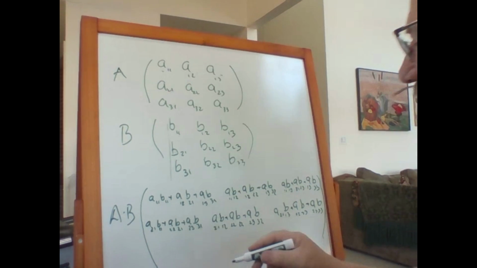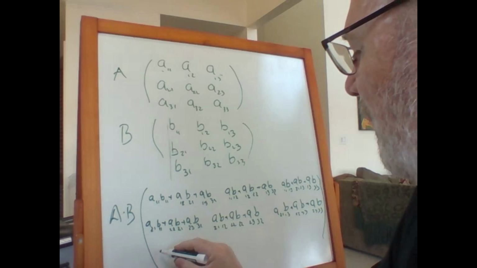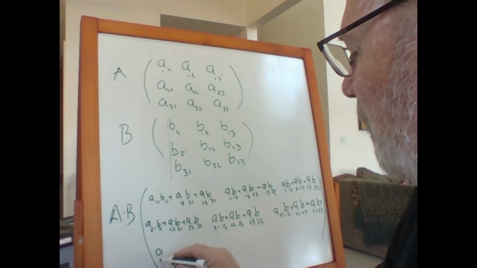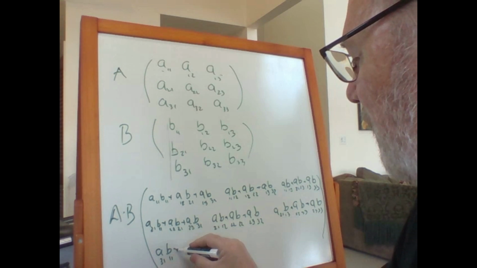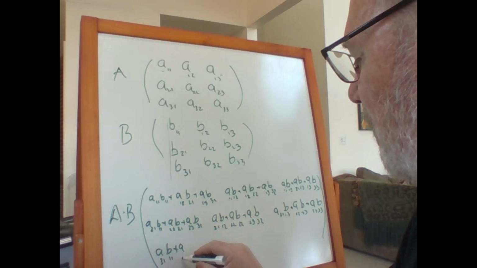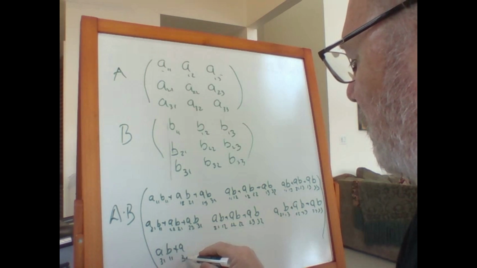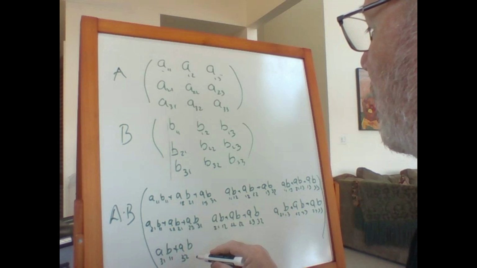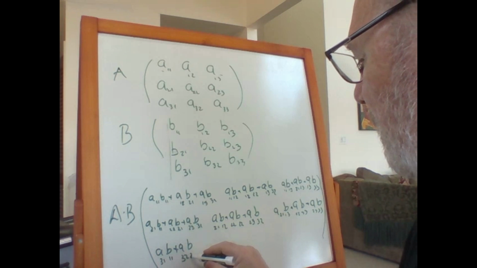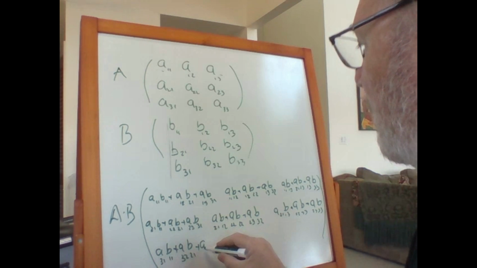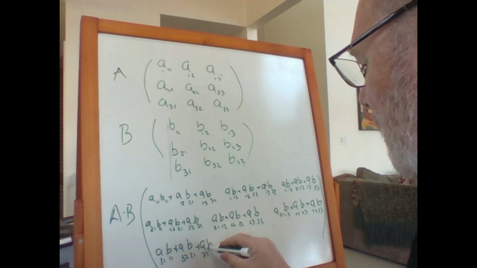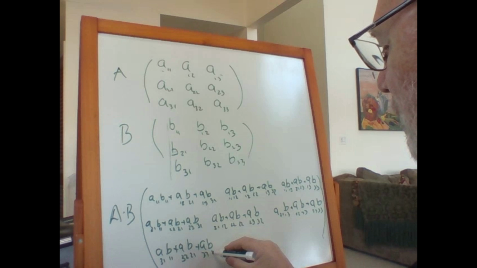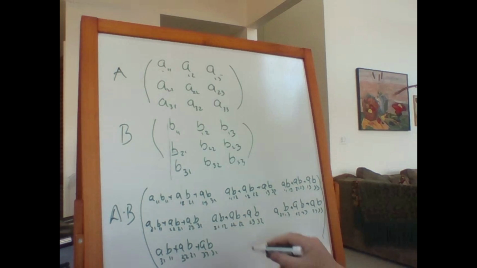Ooh, you see how easy this gets to mess up? A3,1 B1,1 plus A3,2 B2,1 plus A3,3 B3,1. That's the first position.